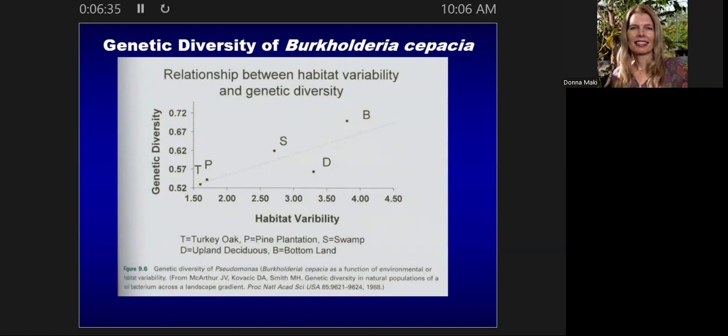Here they're showing that when you have conditions that are highly variable, changing throughout the day, let alone the weeks and the seasons and all of that, you do have to have a larger genome, good genetic diversity in order to deal with that kind of habitat.